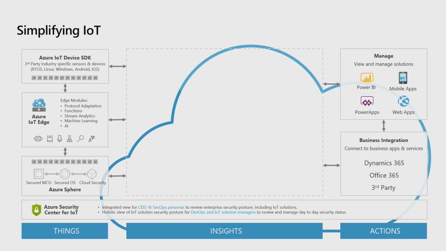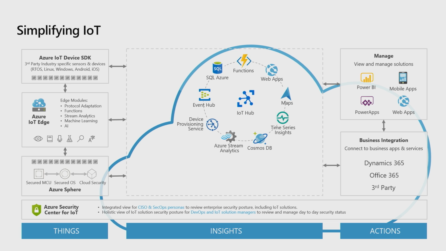For those new to IoT Central, we have a lot of videos describing what IoT Central is and a lot of great documentation, but I just want to give that high-level overview again. When you're building an IoT solution, there are so many elements to it. If I were going to build an IoT solution today using our PaaS services, I would normally connect a device to IoT Hub, and maybe connect it to the device provisioning service to securely connect those devices.